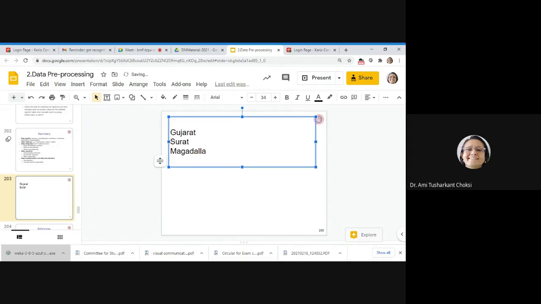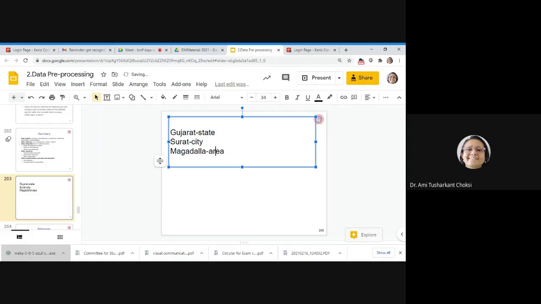So Magdalla is a small area of Surat city. Then we can say Surat is one part, or one city, of Gujarat, isn't it? So which one is the higher concept? That is Gujarat, isn't it? It is the concept of state. Surat is the concept of city and Magdalla is the concept of area, right?